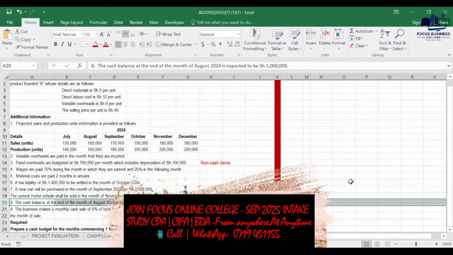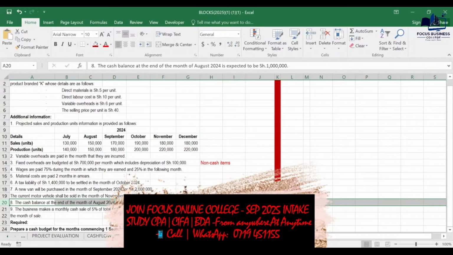So what are we required to do? We are required to prepare the cash budget for the months commencing 1st September 2024 to 31st of December 2024. In other terms, you're required to prepare the cash budget for how many months? The month of September, the month of October, November, and December. So that is a cash budget for 4 months.